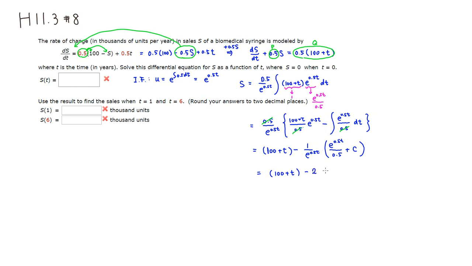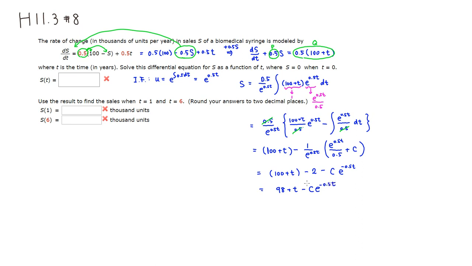And then you have a minus c, or maybe I write it as c e to the negative 0.5 t. Then we can simplify a little further. You combine 100 minus 2 is 98, and plus t minus c e to the negative 0.5 t.